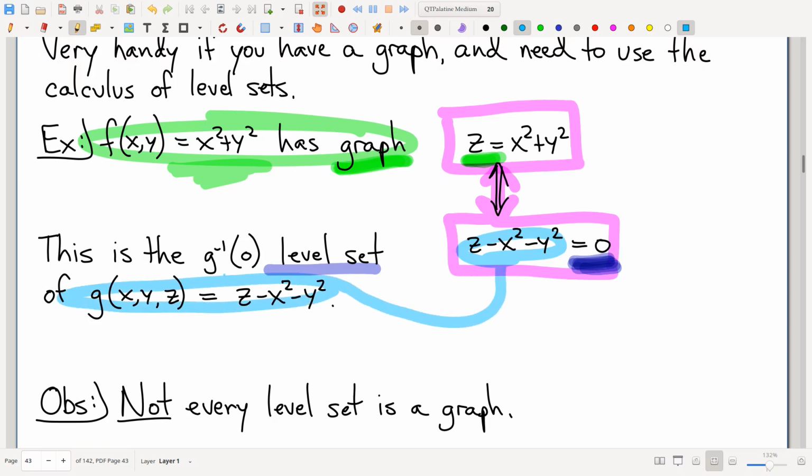And so what I will do when I want to use the calculus of level sets to understand this thing whose graph I was given, I would apply the calculus of level sets to that function, not f. If you apply the calculus of level sets to f, you get nonsensical garbage. Everybody see what happened there?